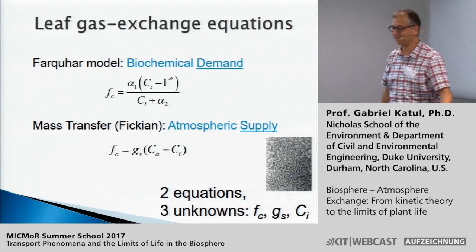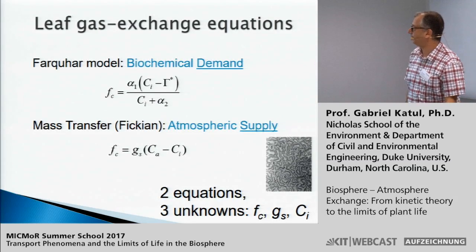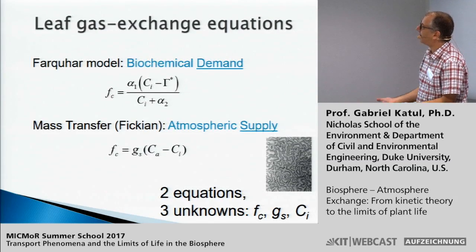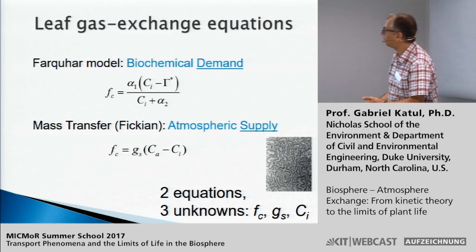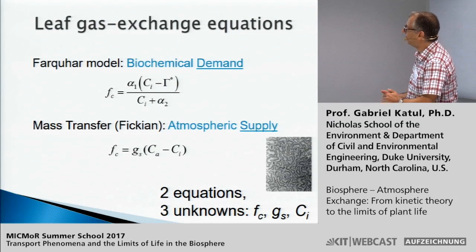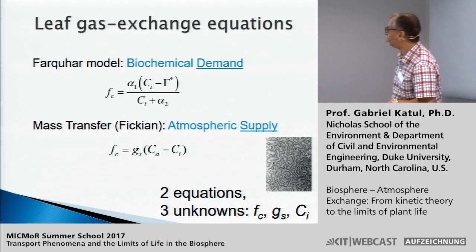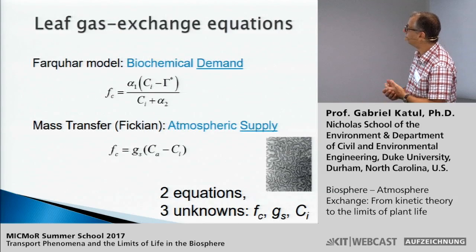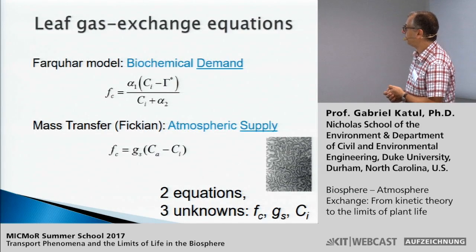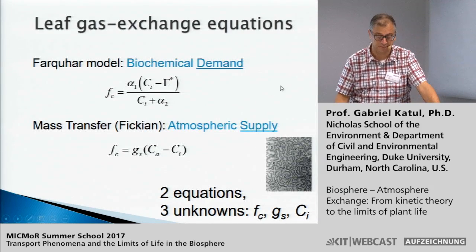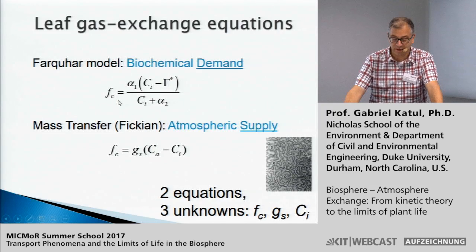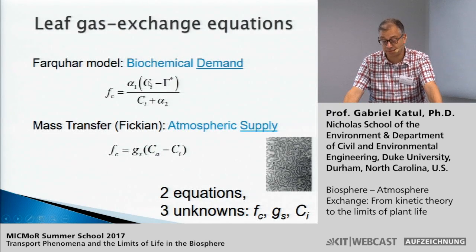Let's start with the leaf. So what's the problem there? At a mathematical level, we do have a decent description of photosynthesis as a function of the internal CO2 concentration in the leaf. That equation is often written as a biochemical demand. Photosynthesis is some saturation function of the internal CO2 concentration.